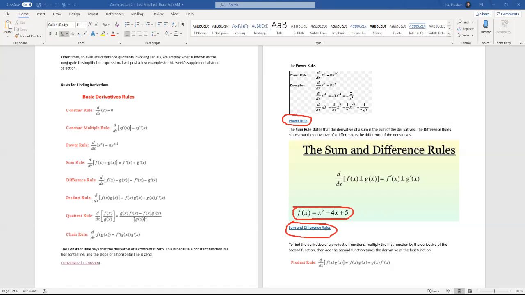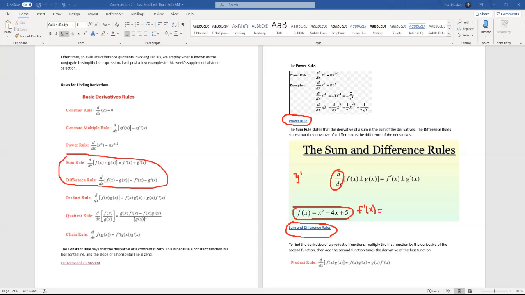Since this is a sum and a difference of terms, we will actually combine the sum and difference rules here. And for the derivative of f of x, we have seen several ways so far to write the derivative. We could do d over dx. You all have seen me use y prime. Another way to write the derivative could be f prime of x. You will also see that from time to time.